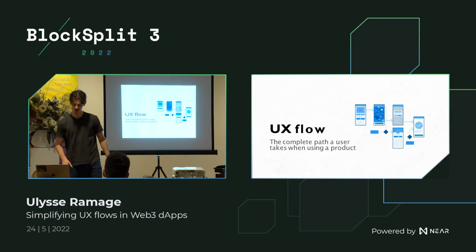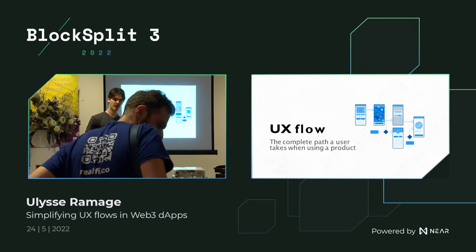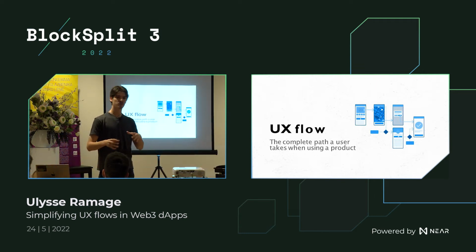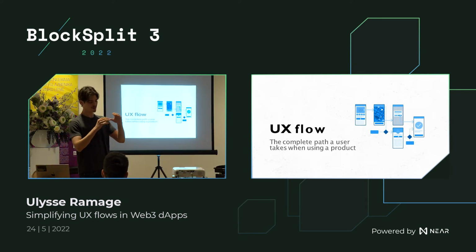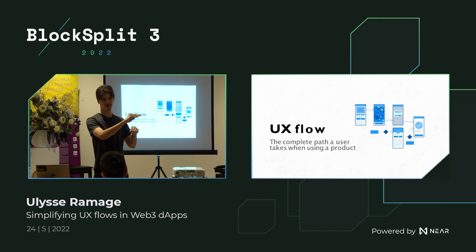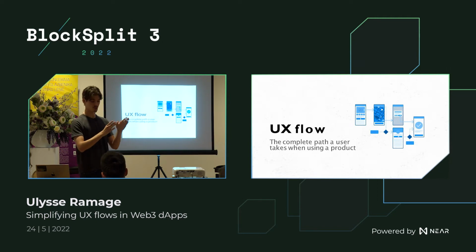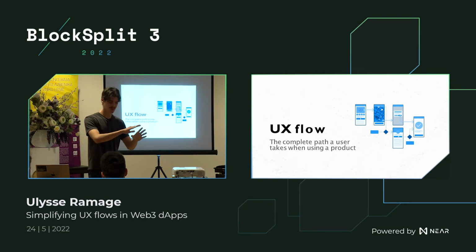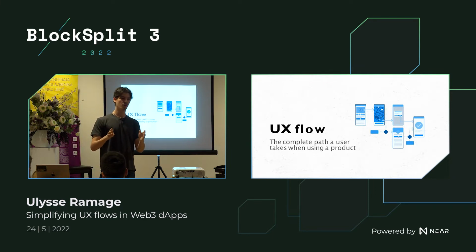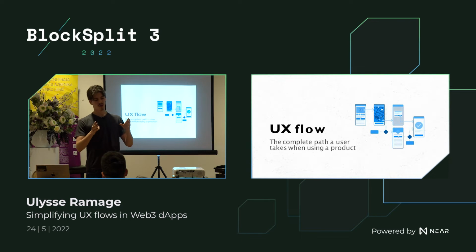Now let's talk about UX flows. We talked about the experience in general. Now what's a flow? A flow is if we focus on the part of the experience that defines what path a user is going to take to complete a specific action. In this case, it's using the entire product, but we will focus for the next few minutes on specific flows of any decentralized application.